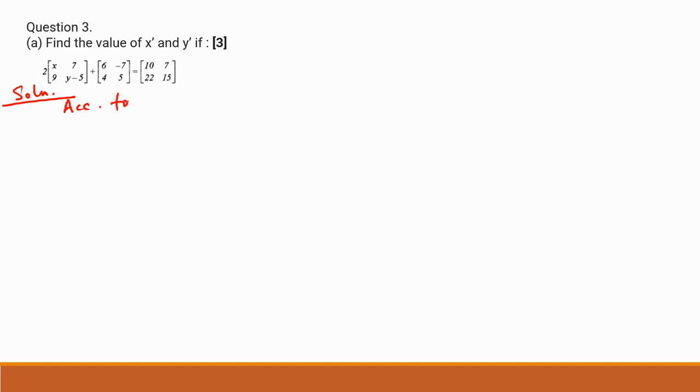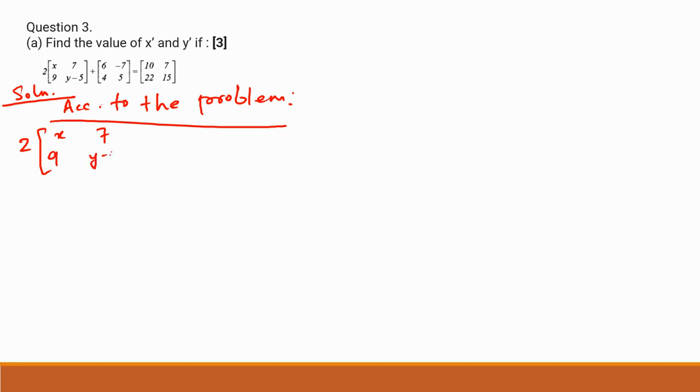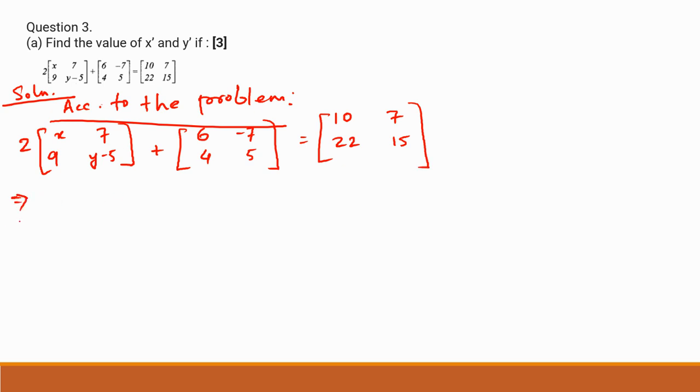It's given according to the problem: 2 times the matrix [x 7; 9 y minus 5] plus the matrix [6 minus 7; 4 5] equals the matrix [10 7; 22 15]. This is given according to the problem, right?